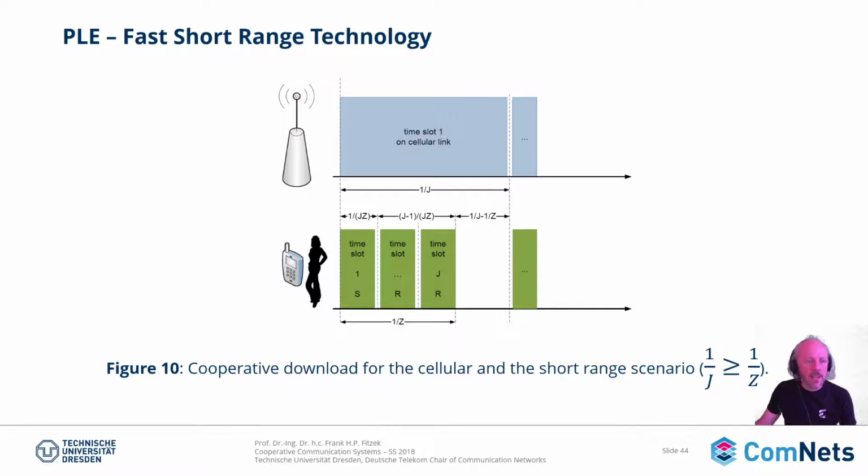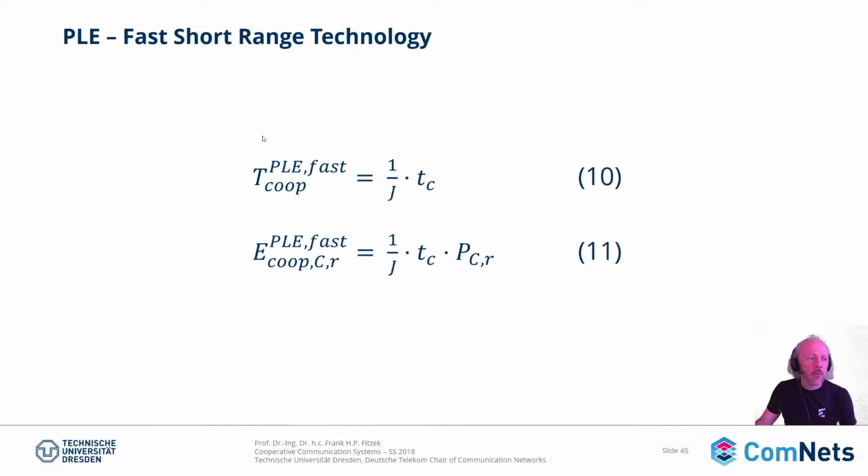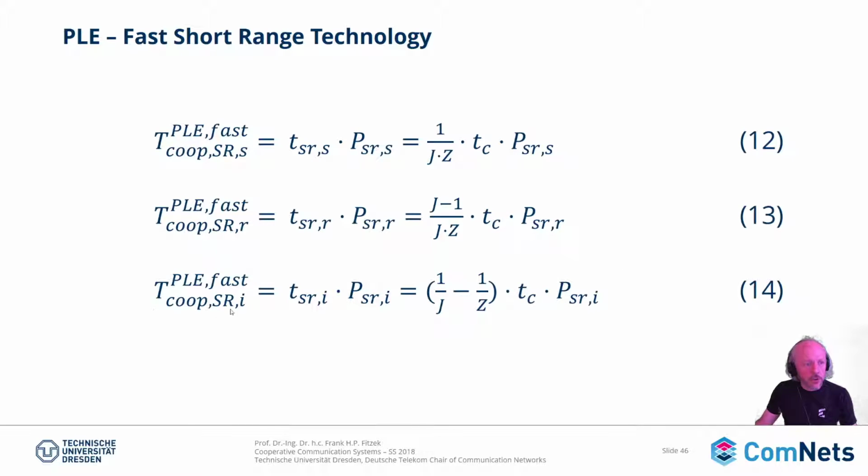So we will do the same as we have done before. Now we say for our fast assumption, the time we will use there is 1 over j Tc, and the energy is 1 over j multiplied by Tc PCR. So this is the one that comes from the cellular. If you look at the short range, you will say I have a time I send, I have a time that I receive, and a time I'm idle, with certain given power values.